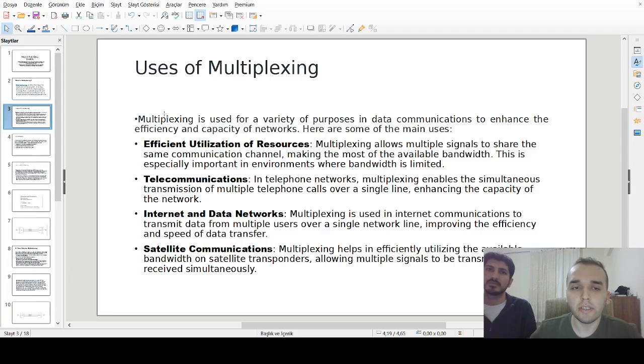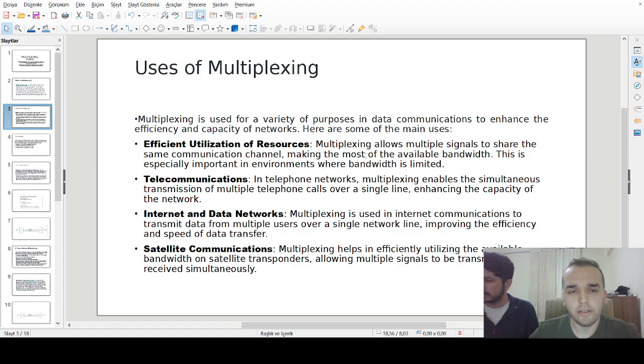Uses of multiplexing. Multiplexing is used for a variety of purposes in data communications to enhance the efficiency and capacity of networks. Here are some of the main uses. Efficient utilization of resources. Multiplexing allows multiple signals to share the same communication channel, making the most of the available bandwidth.